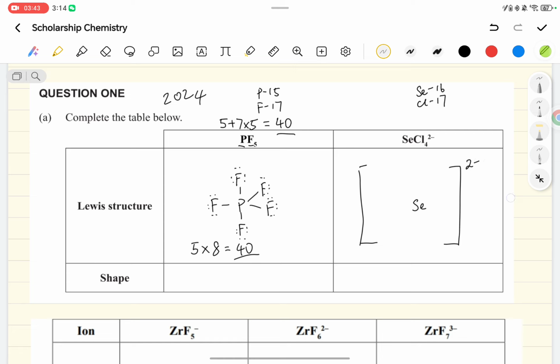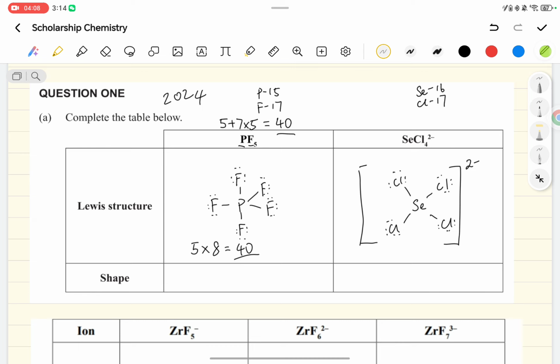Now let's quickly draw the 4 chlorine atoms around the Se, along with the lone pairs. After we've drawn the lone pairs, we'll determine again how many valence electrons there should be on the central Se atom.